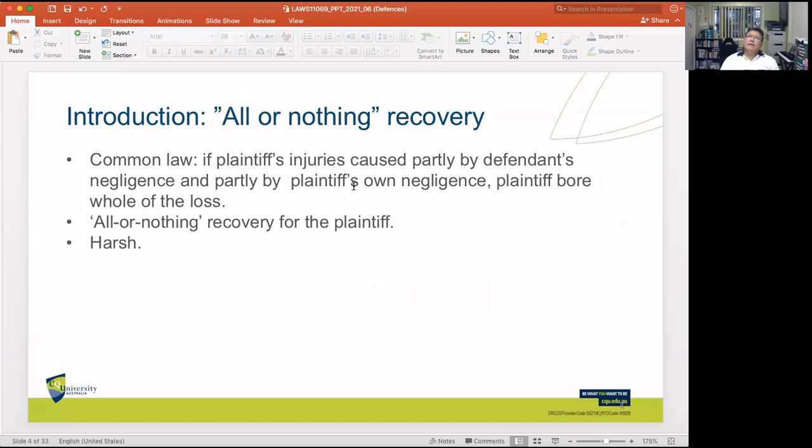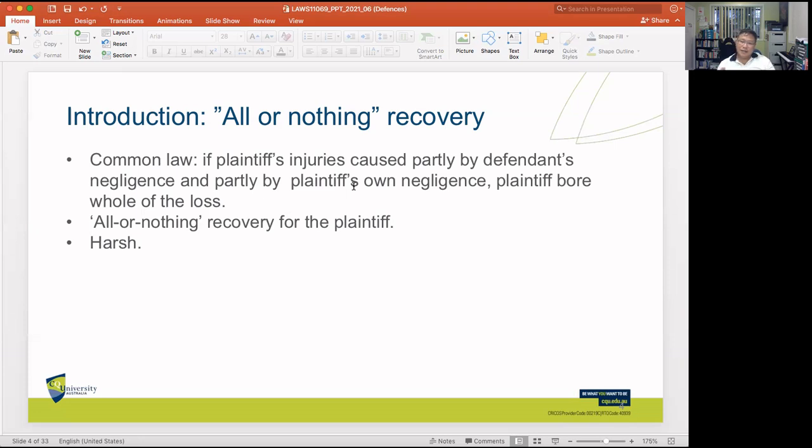Now, at common law, what was pretty harsh about the concept of contributory negligence was that if the plaintiff was contributorily negligent, and his or her own negligence caused harm to himself or herself, that provided an excuse for the defendant not to bear any loss for the injury to the plaintiff.